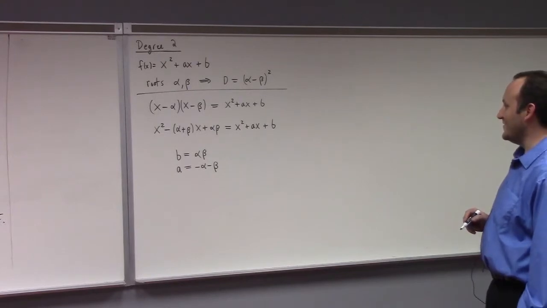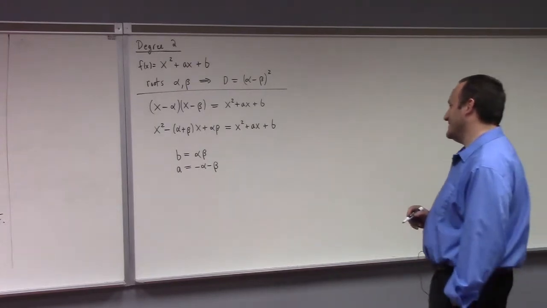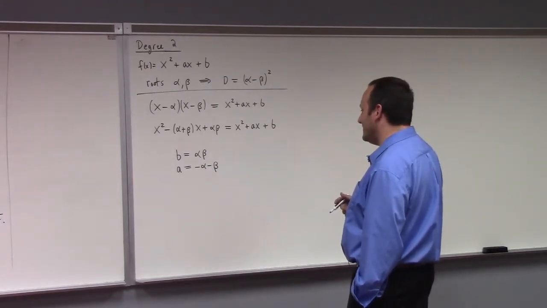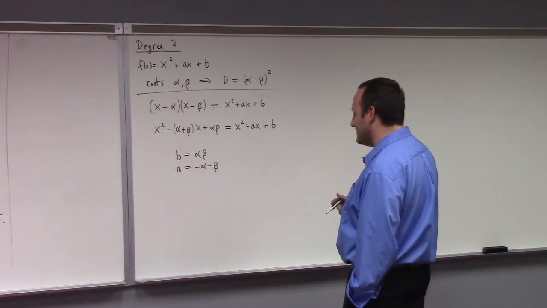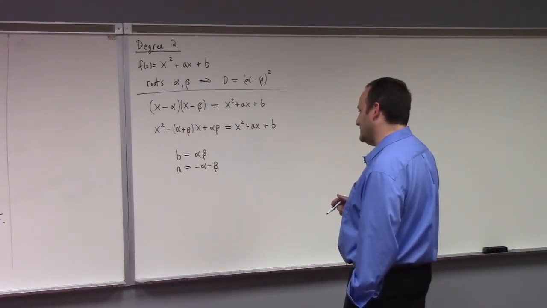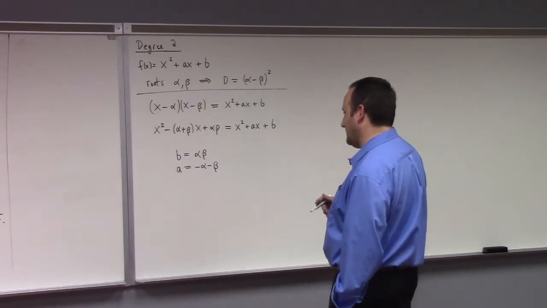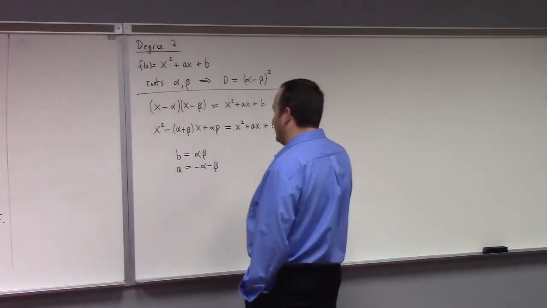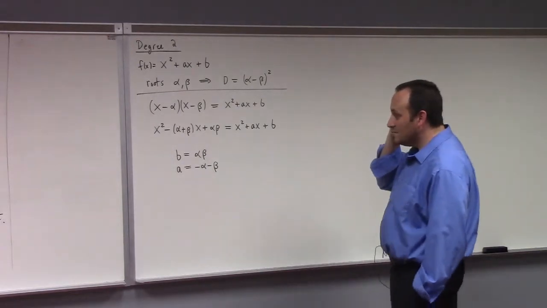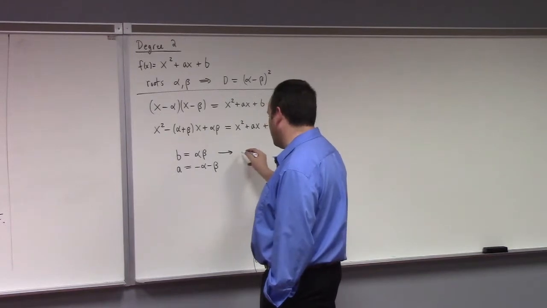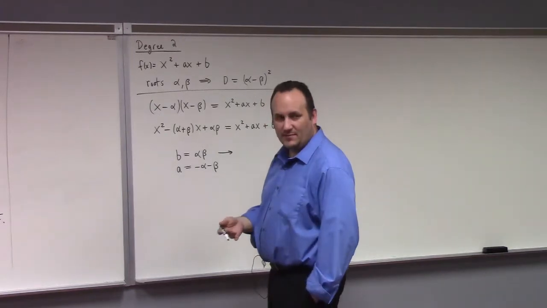I'm trying to eliminate. How do you do that? Solve for alpha. What if beta is 0 though? Maybe look at beta equals 0 as a separate case.